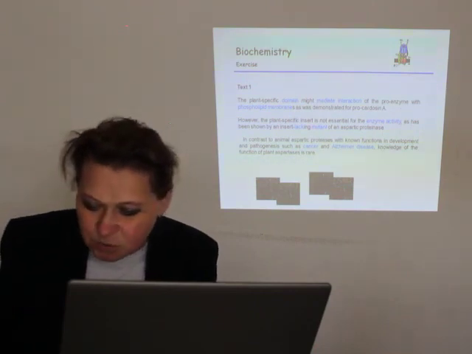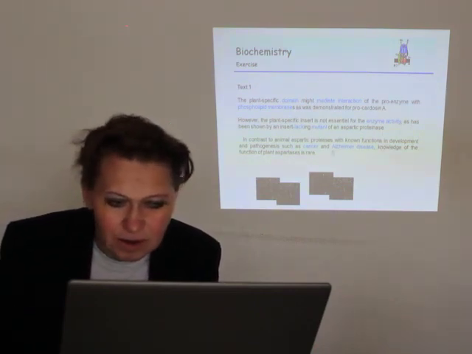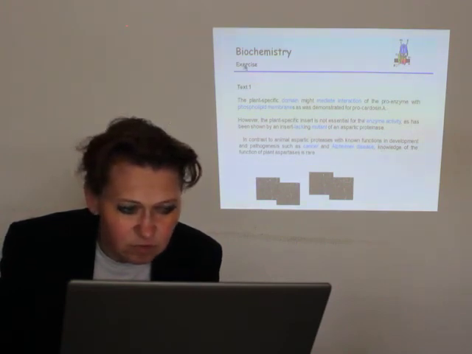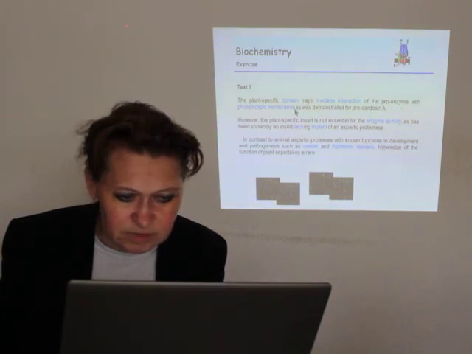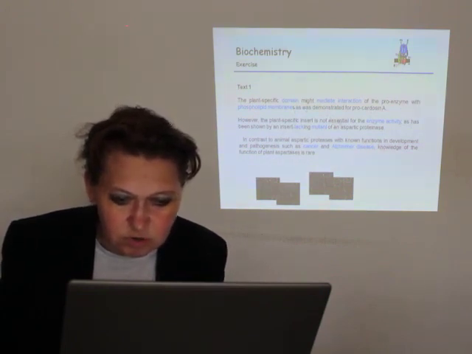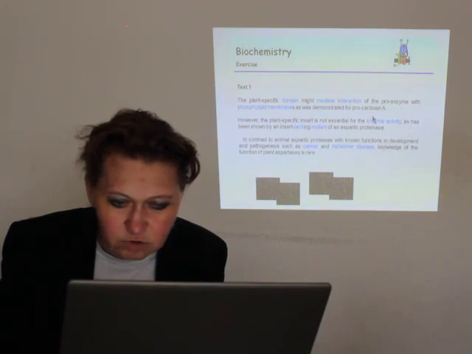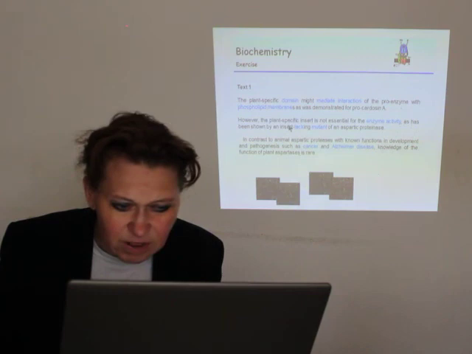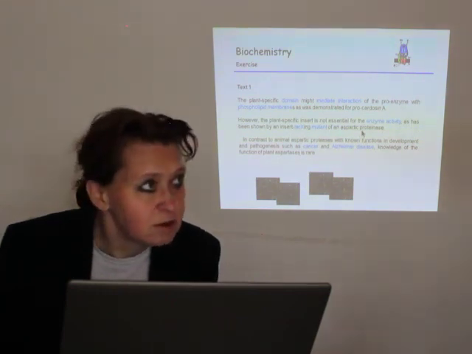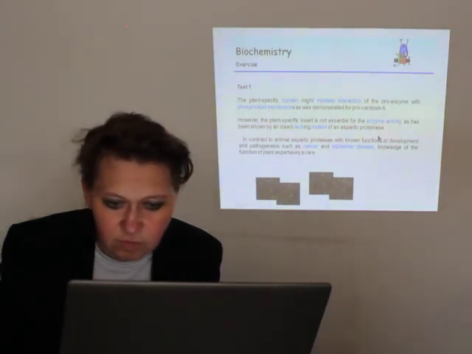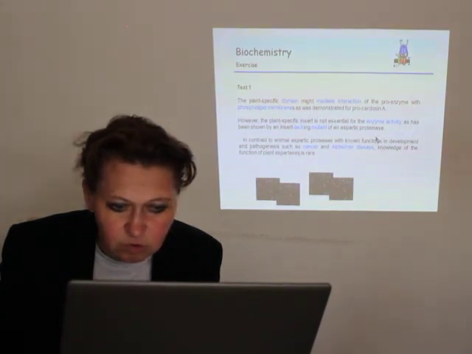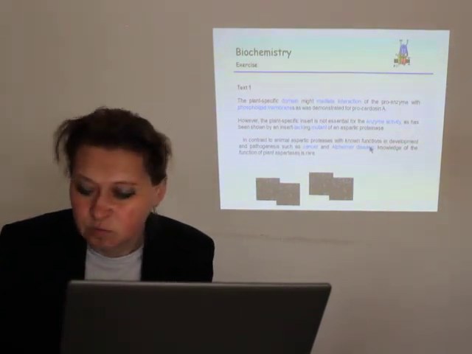So, knowing that, I think we should continue our very, very interesting text, and we should read this. The plant-specific domain might mediate interaction of the proenzyme with phospholipid membranes, as was demonstrated for procardosin A. However, the plant-specific insert is not essential for the enzyme activity, as has been shown by an insert-lacking mutant of an aspartic proteinase.